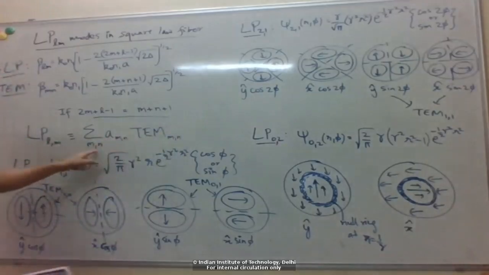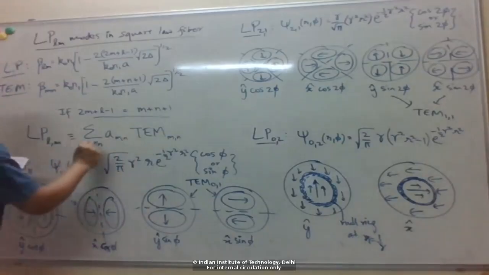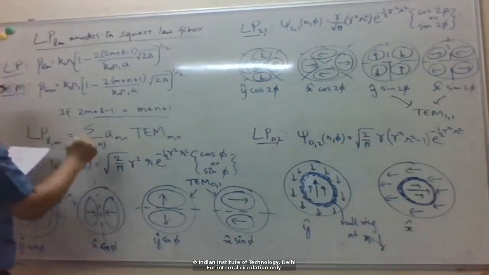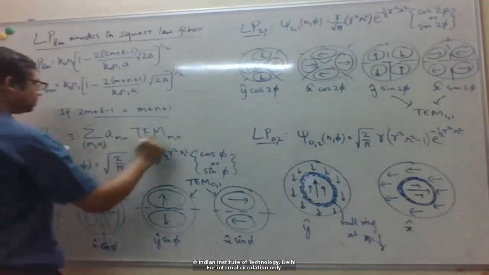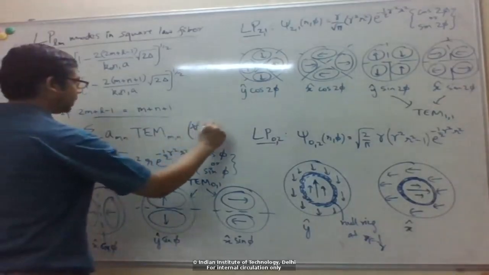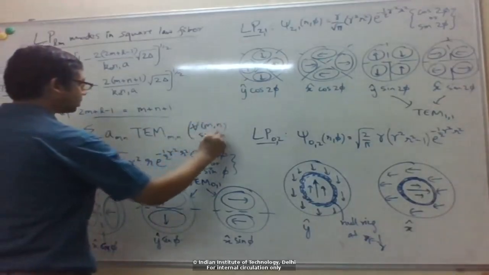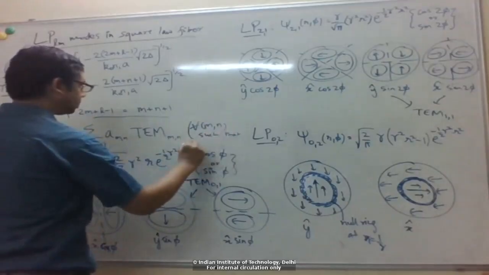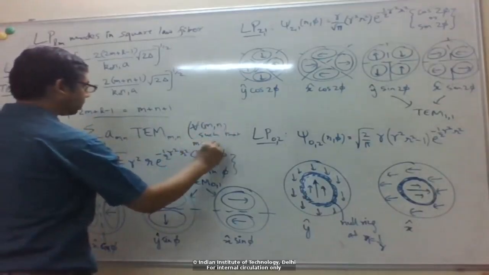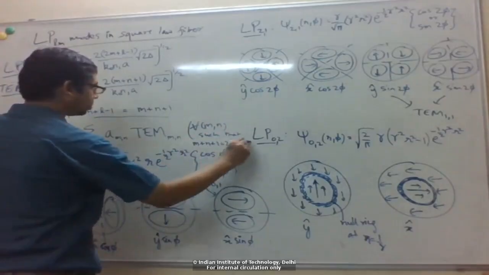Where the m and n are such that, this is for all m and n such that m plus n plus 1 is equal to 2m plus l minus 1.